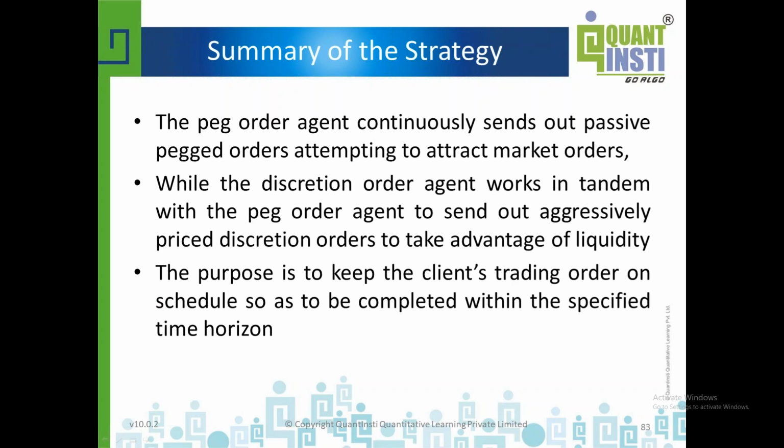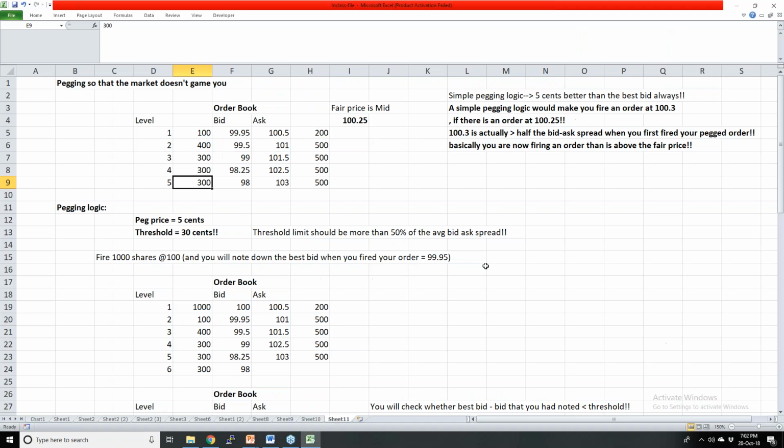Half the bid-ask spread, please explain the meaning of this. So what is the bid-ask spread here? It is 55 paisa, right? So the bid-ask spread is 55 cents, right? So half is around 27.5, right?